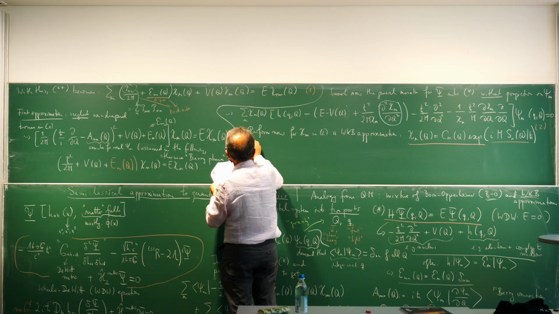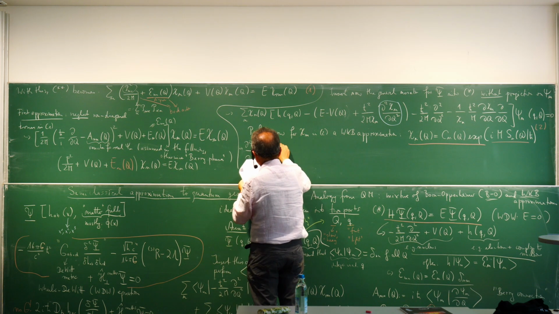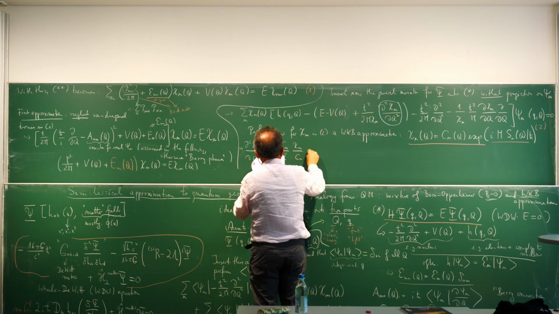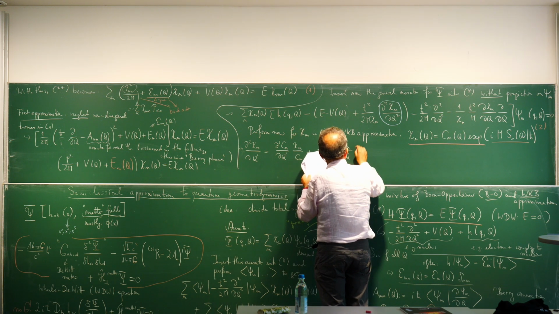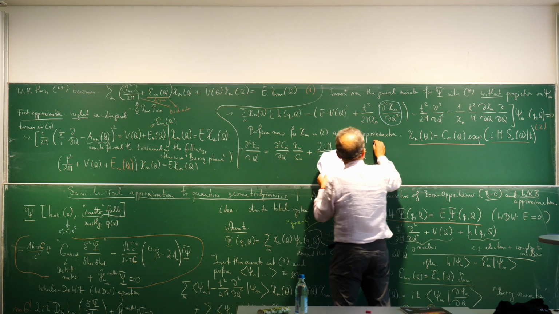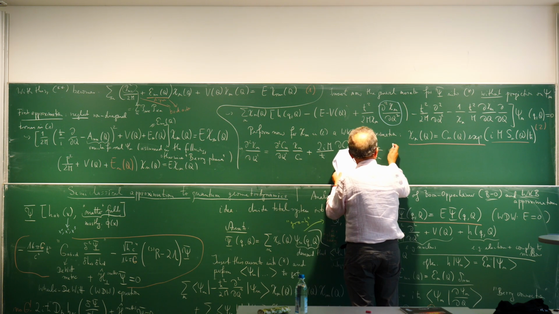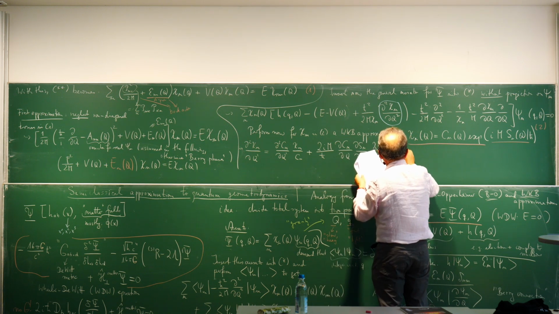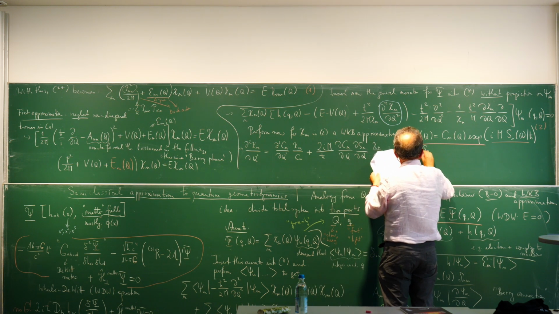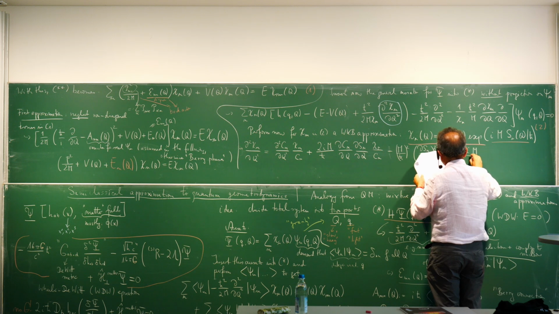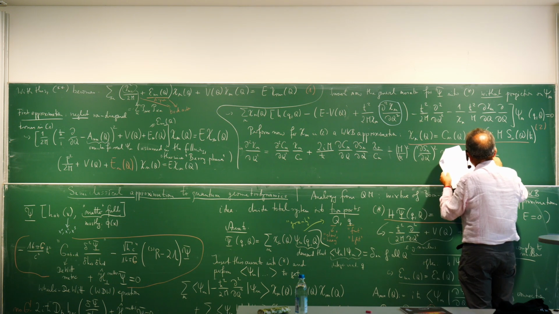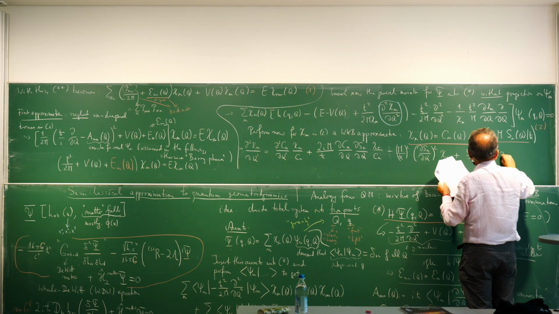We get that d squared chi n over dq squared is, it's just a straightforward calculation, I don't have to say much here, plus 2i m over h bar dC n over dq dS n over dq chi n over C n, minus m squared over h bar squared dS n over dq squared chi n, plus i m over h bar d squared S n over dq squared chi n.